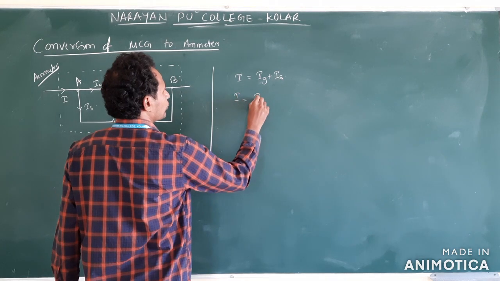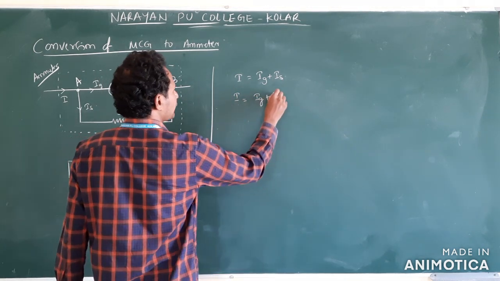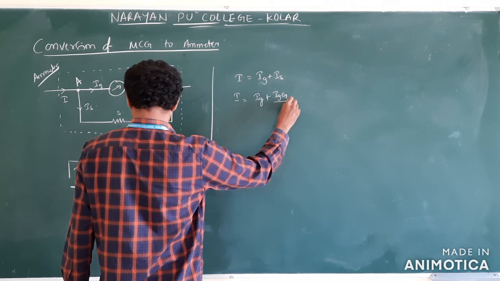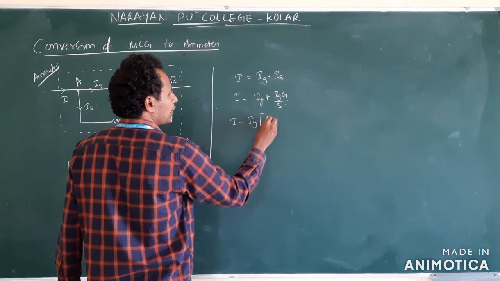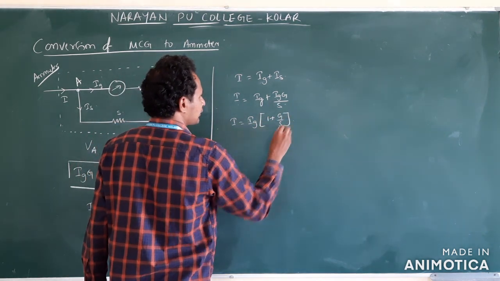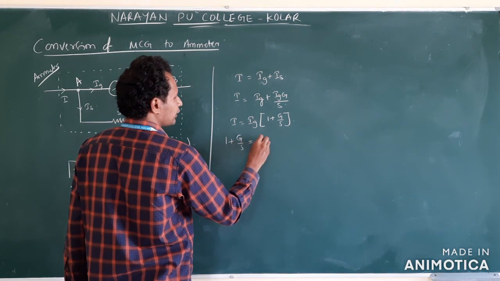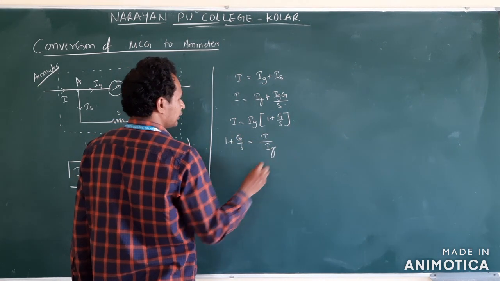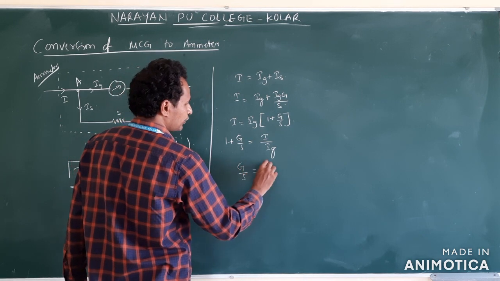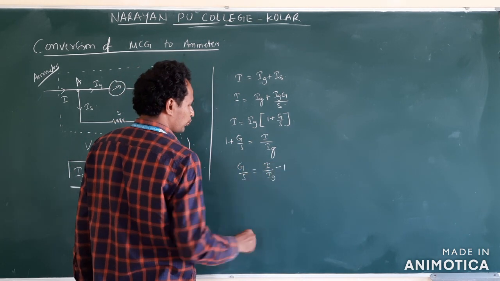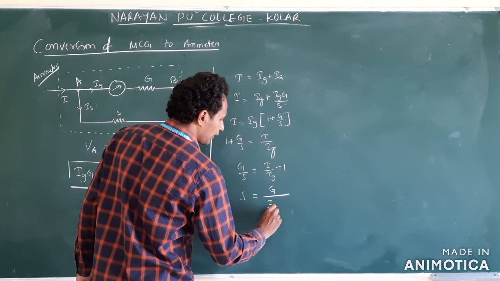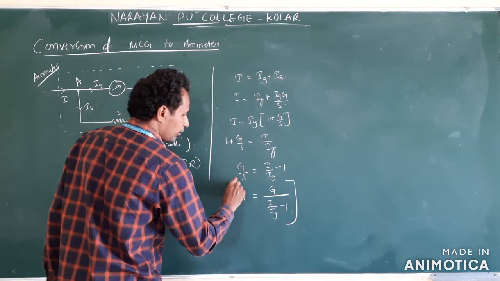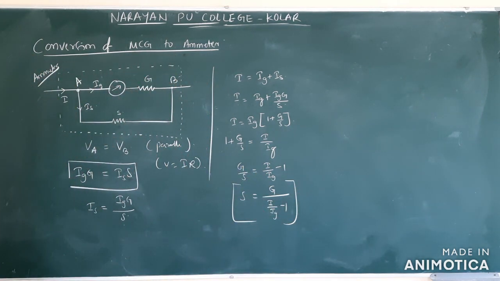I is equal to IG plus IG G by S. I is equal to IG, take it common, 1 plus G by S. 1 plus G by S is equal to I by IG. Then G by S is equal to I by IG minus 1. They are asking S. S is equal to G by (I by IG minus 1). Using this expression, we will find S. Clear?